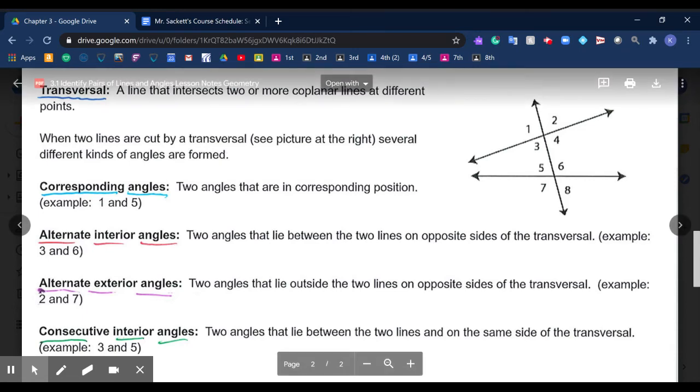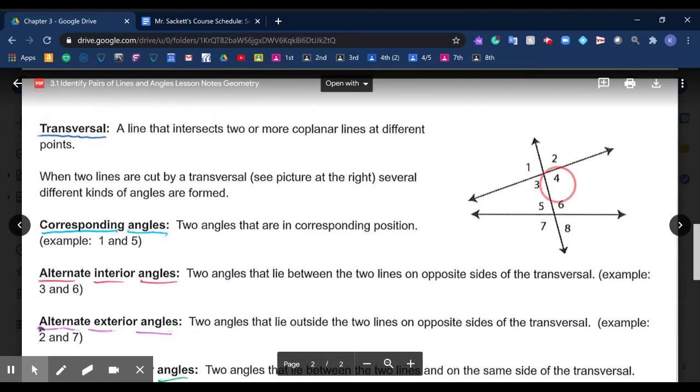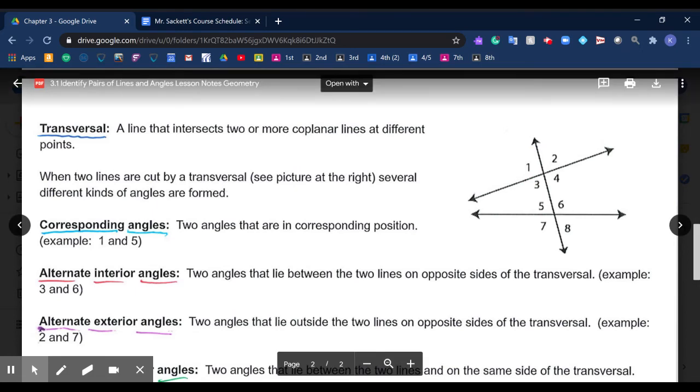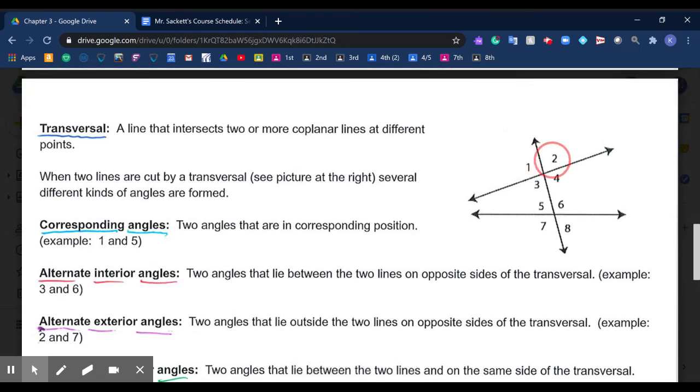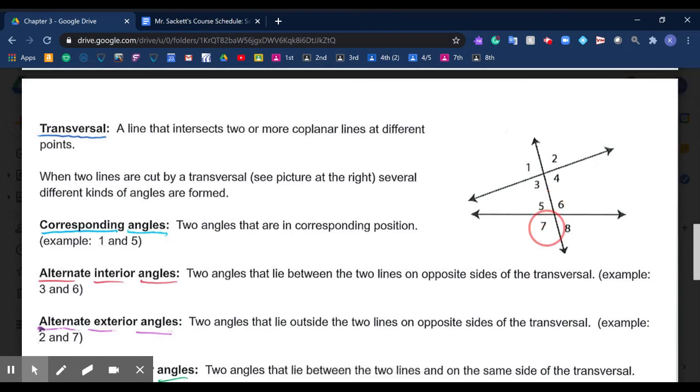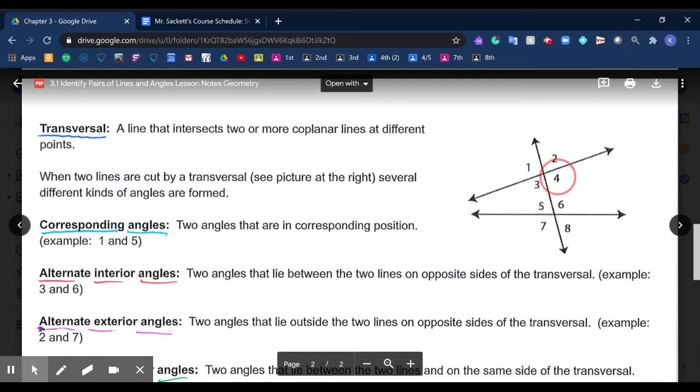In this case, what's in the upper left where it intersects this line is 5, and in the corresponding point, the upper left of where it intersects the other line, is angle 1. Another corresponding angle would be angle 2 in the upper right of that intersection with the transversal, and angle 6. Angle 7 down here in the bottom left would correspond with 3, and 8 would correspond with 4.